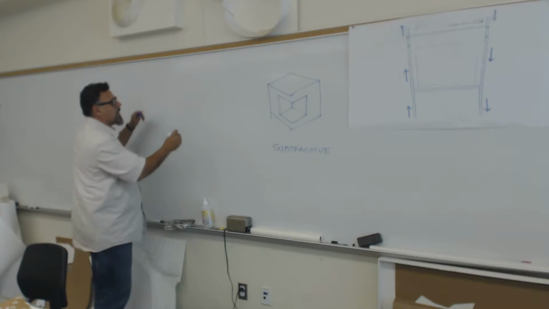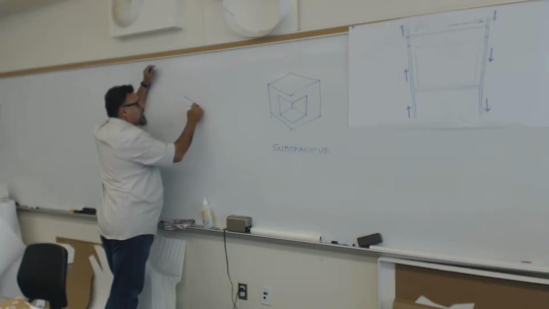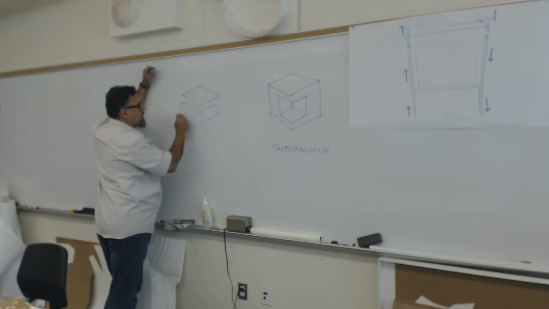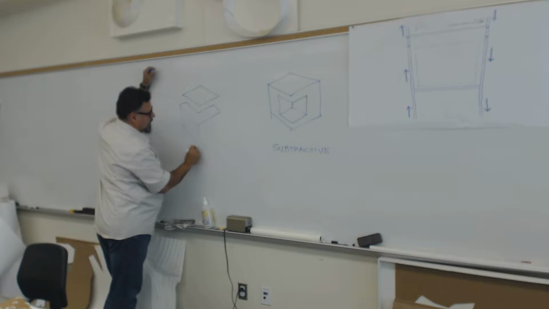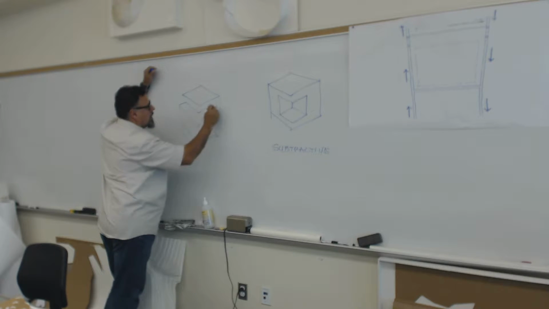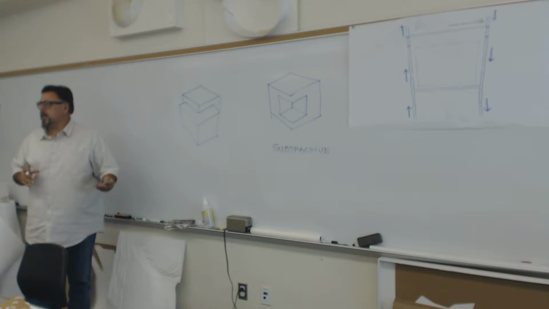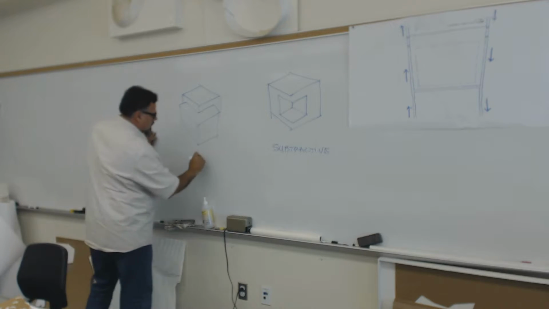Then we also brought forms together. We took a cube and we embedded a second cube onto it. And so this was an additive way of doing things. All right? So this is additive.